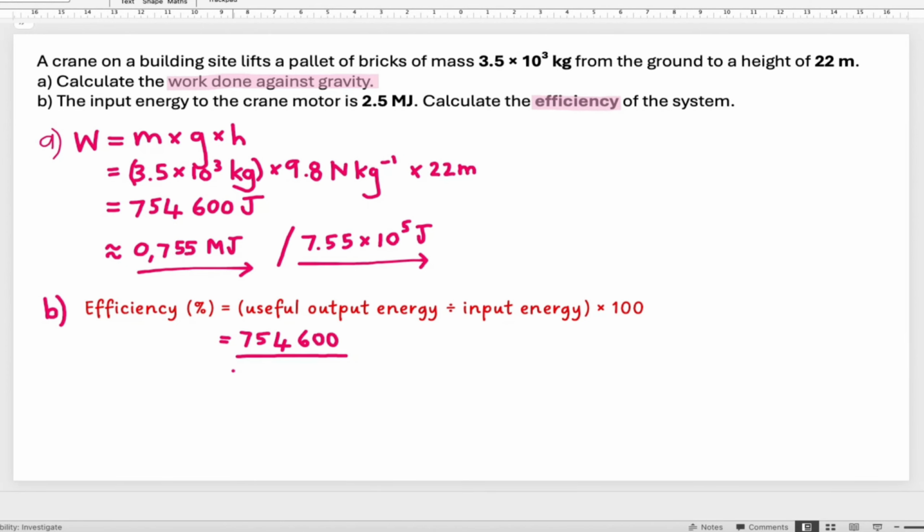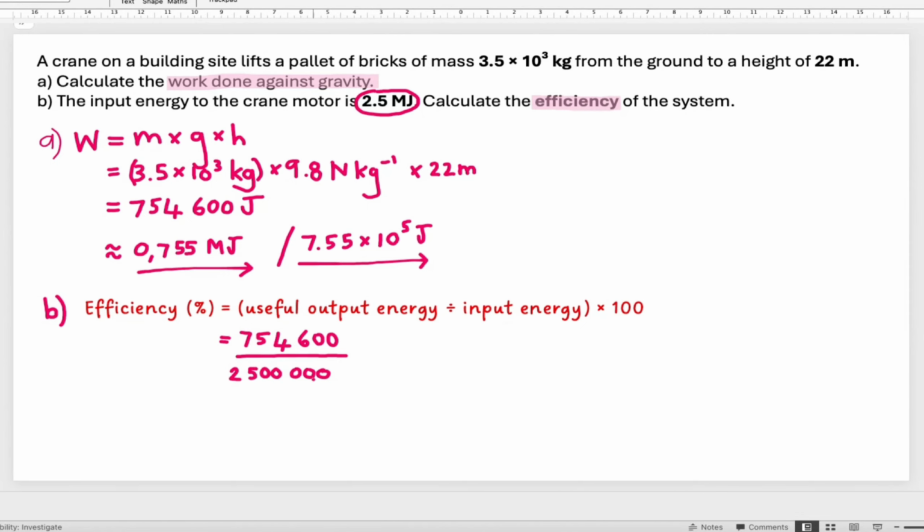Now we convert the input energy to joules. I'm going to use the exact number, so it will be 754,600 divided by the total input energy, which is 2,500,000 joules.